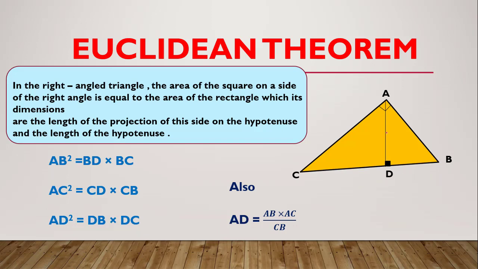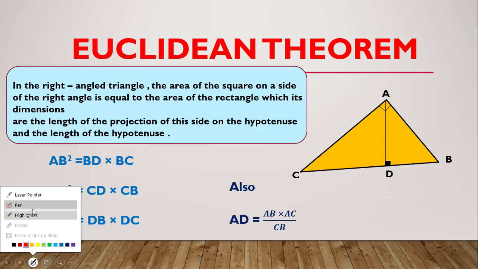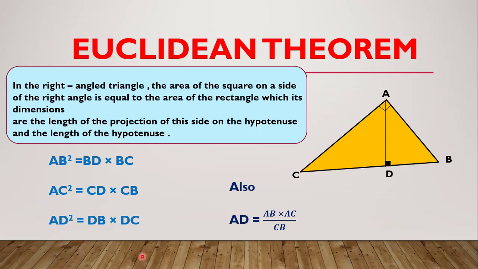The other rule, AD equals AB multiplied by AC, the two sides of the right angle, divided by the hypotenuse. Okay, so we have two rules. We can use one of them according to the given in the problem.